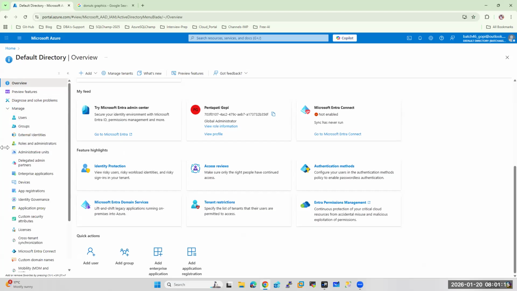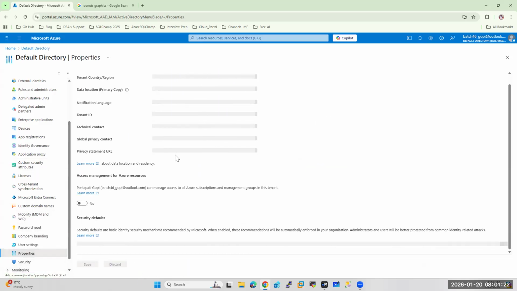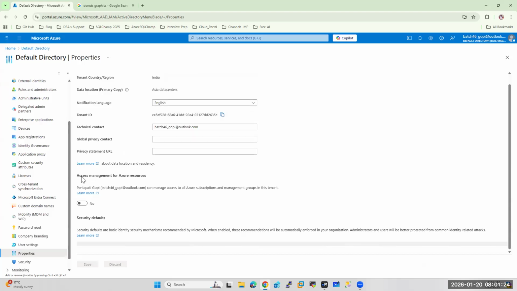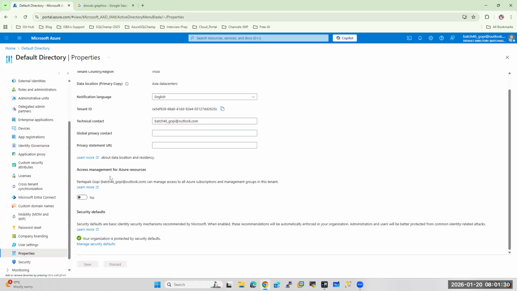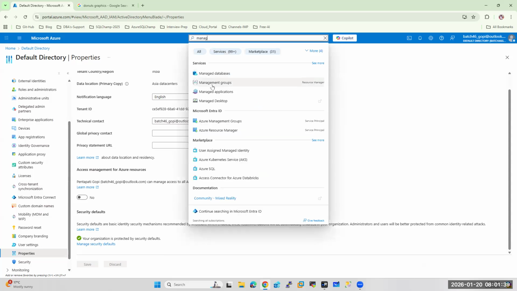go to Manage, go to Properties. There is an option called management. There is a concept called management groups.